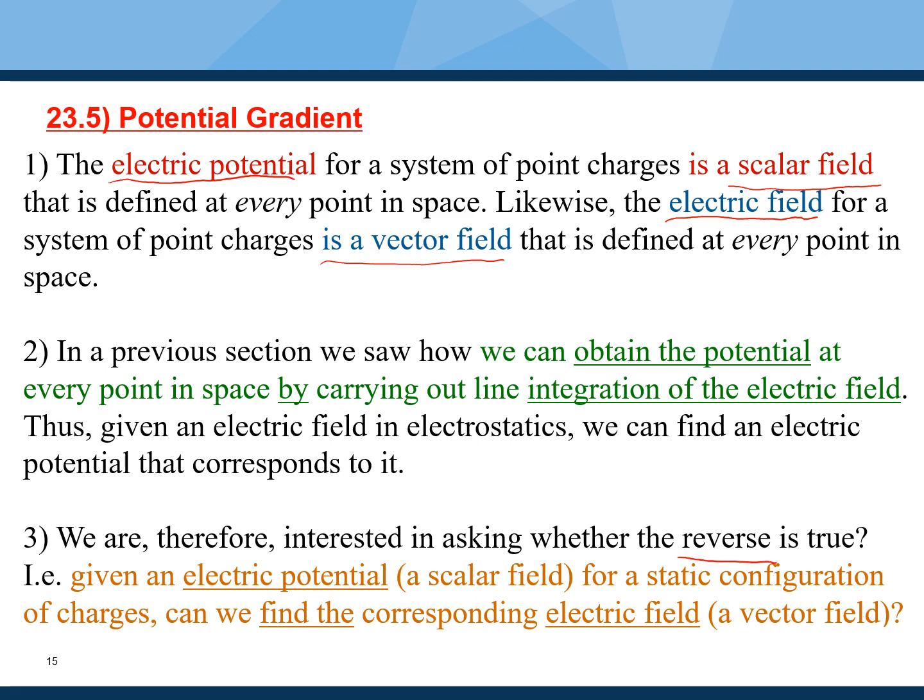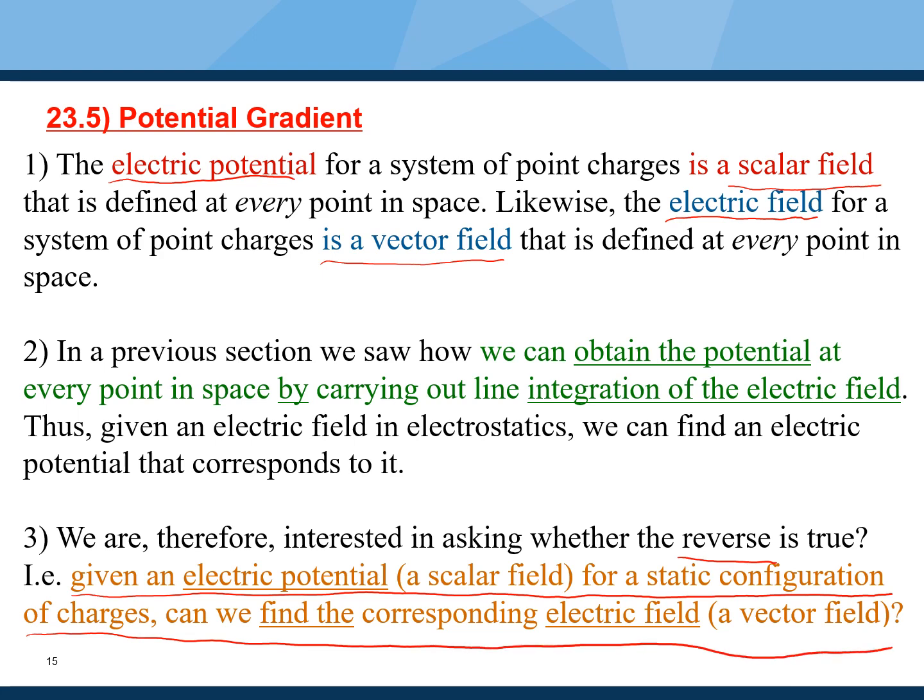In other words, given an electric potential, which is a scalar field for a configuration of charges, can we not therefore back up and find the corresponding electric field itself, which is a vector field? It turns out that indeed we can do such a procedure.